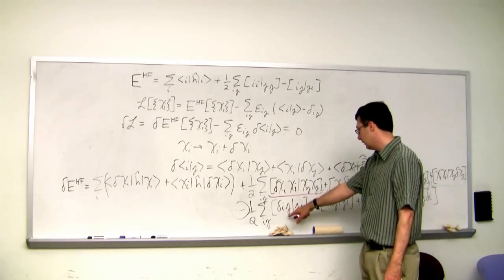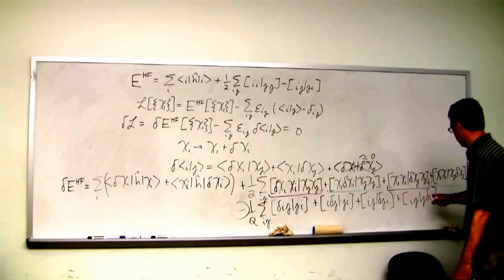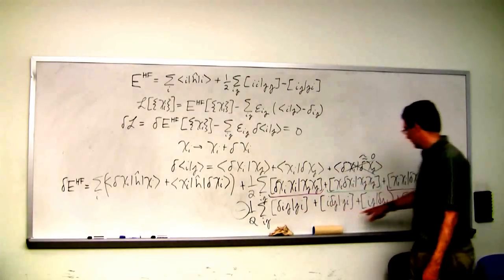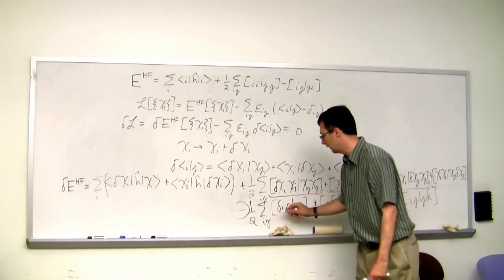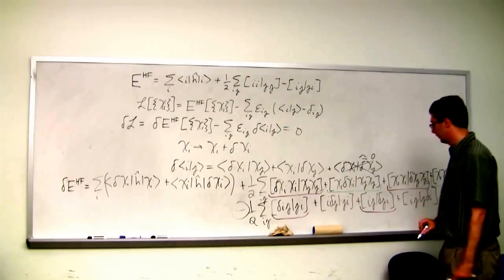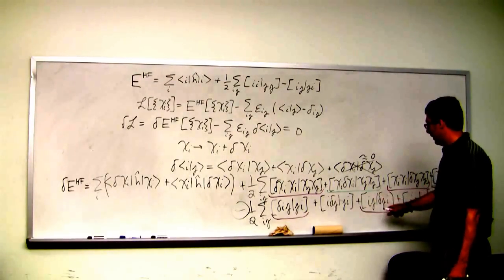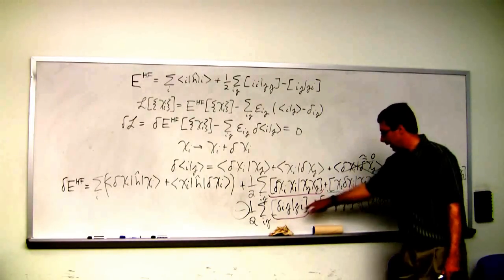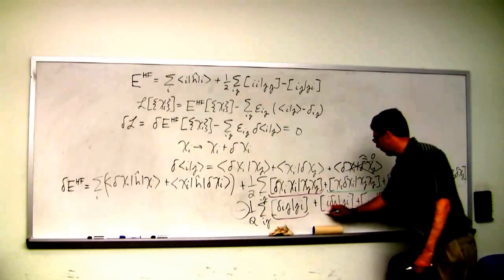Here's the delta I, J, J, I. If I swap left and right, do I get anything similar to that? This one looks like that one, except again, I became J, J became I, but that's okay because I'm summing over all I's and J's, so I can redefine which one's I and which one's J in one of the sums, say that one. And then I can swap left and right, and that becomes delta I, J, J, I, which is that. So those two terms are the same. And then, obviously, this is going to have to wind up being the same as that.